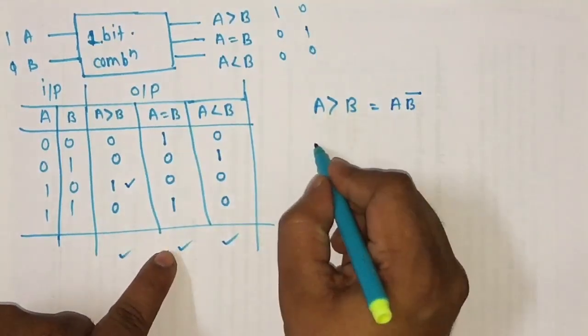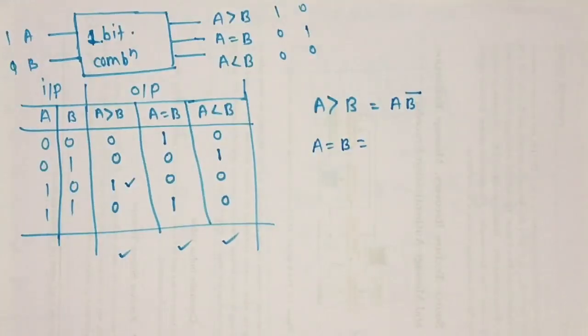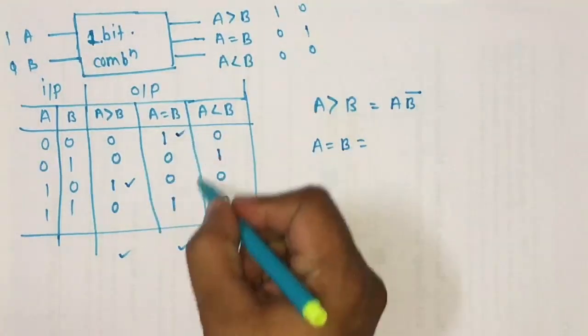Now for the second one, A equal to B. Here two ones are there in the output, so consider the first case and the last case.